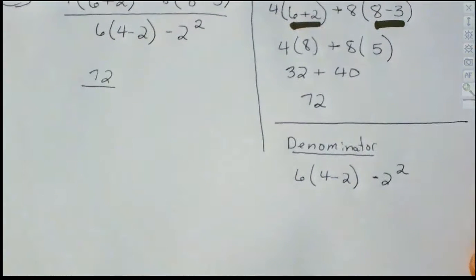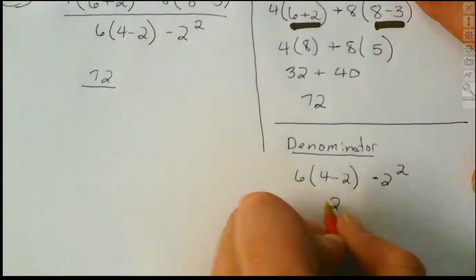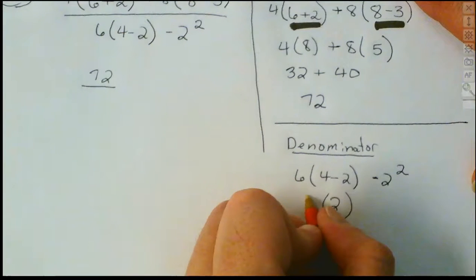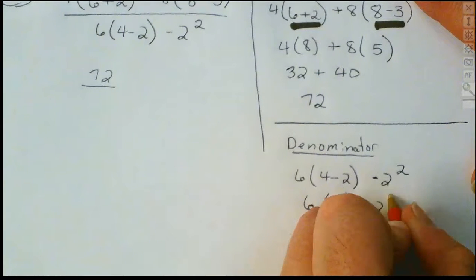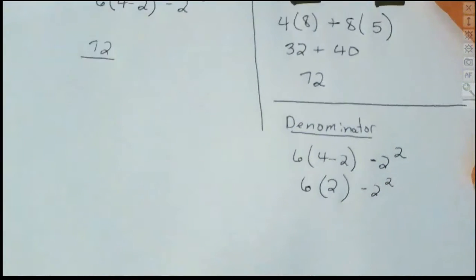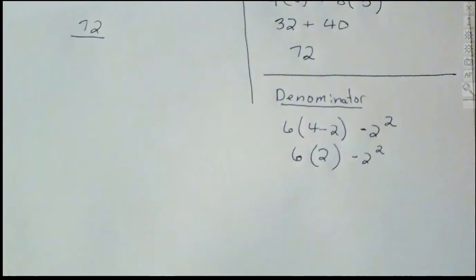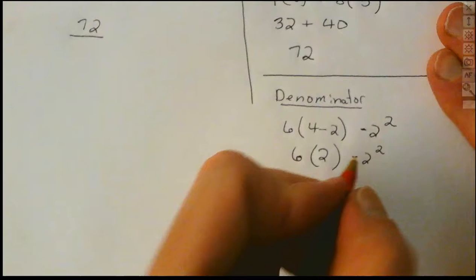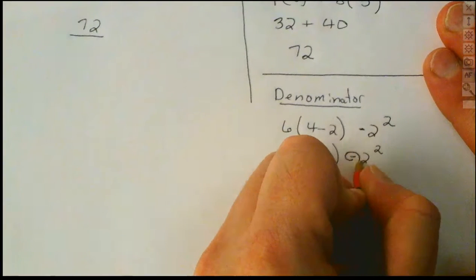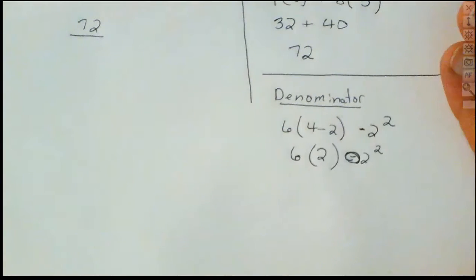Okay, so let's go ahead now and follow order of operations. 4 minus 2, well, 4 minus 2 is a 2. Parentheses go before exponents. Now, here's where students sometimes make a mistake with these. Notice this negative is out in front, and there's no parentheses around that at all.